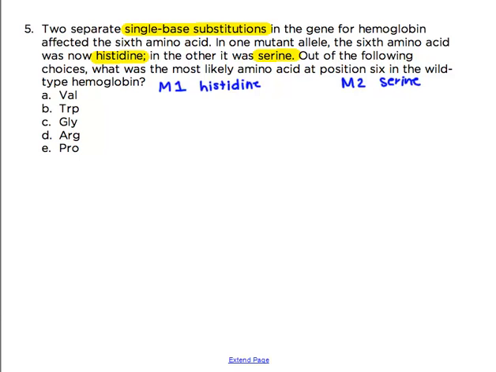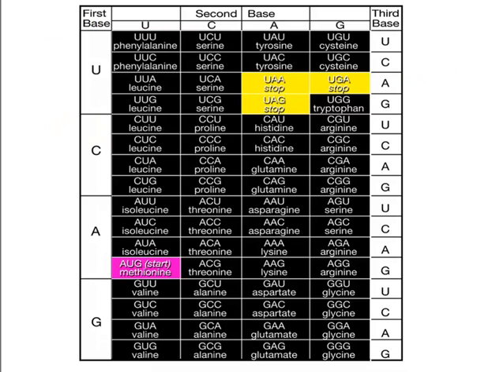So now let's use our genetic code to determine what codons can encode for these amino acids. First, let's look for histidine. So we see CAU and CAC can both encode for histidine. And if you scan through, you can see that these are the only two. So we're going to write CAU or CAC.